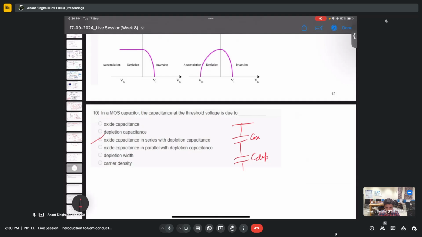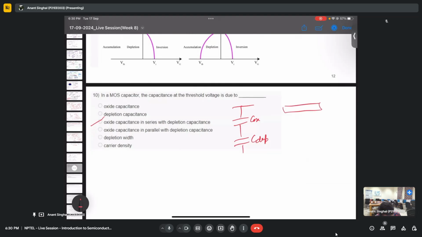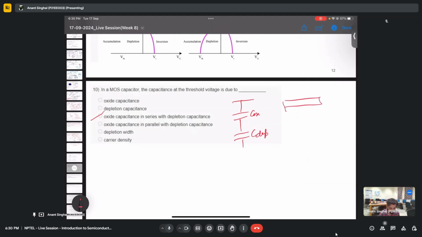So why couldn't it be in parallel? Why should they be in parallel? Physically, the two capacitances are connected together, so they should be in series. For parallel, let's say this is some voltage and this is ground, and what we have in common is the voltage, so we need to have one capacitance here.